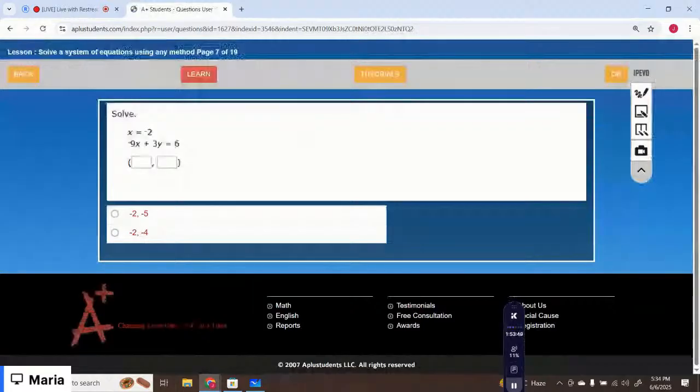X equals negative 2. Negative 9x plus 3y equals 6. So which is the correct option?